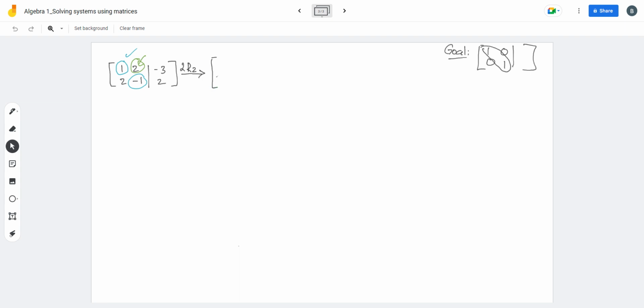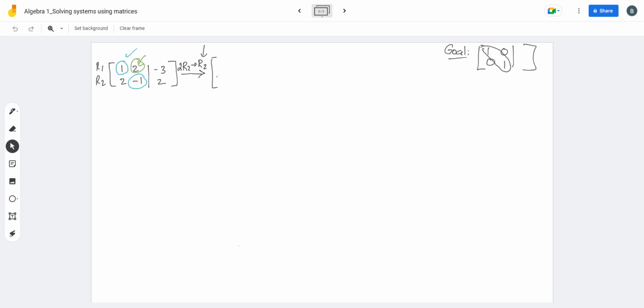So again, remember that you're going to multiply 2 with row 2, and then you're going to write the result into row 2, because you want to transform -1 into 2. And remember, this is row 1 and this is row 2.